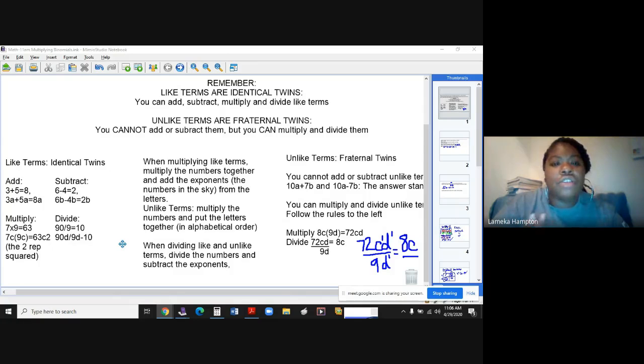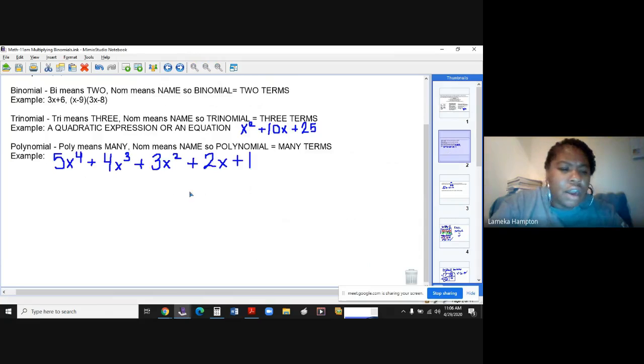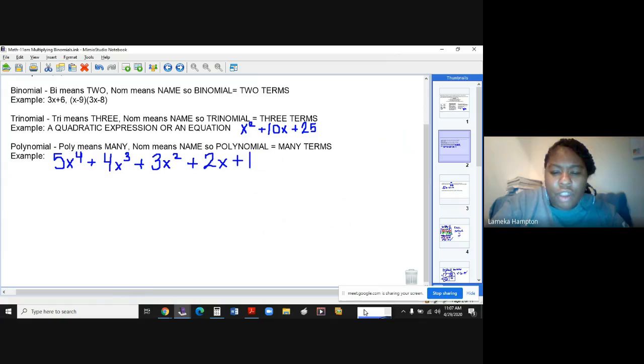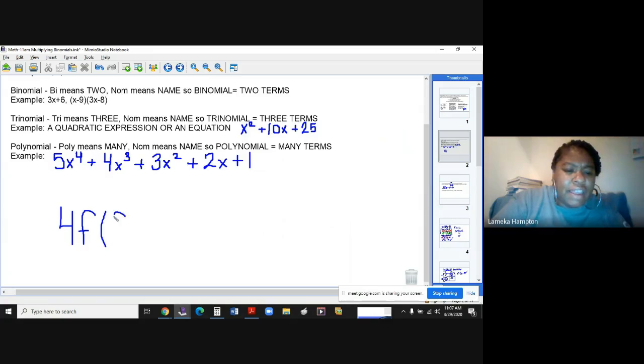All right. And I'm going to write out another example. Matter of fact, let me go ahead and do that now. All right. So for example, if I had 4F multiplied by 8F, okay?